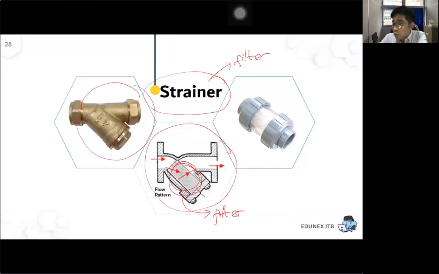So basically, it's not directly like this, right? If you see from outside, it's flowing downward first, and then the solid will remain in the filter, and then the liquid or the gas will continue to flow. Or maybe the shape of the strainer is just like this. So inside, there will be some filter put inside the pipeline.